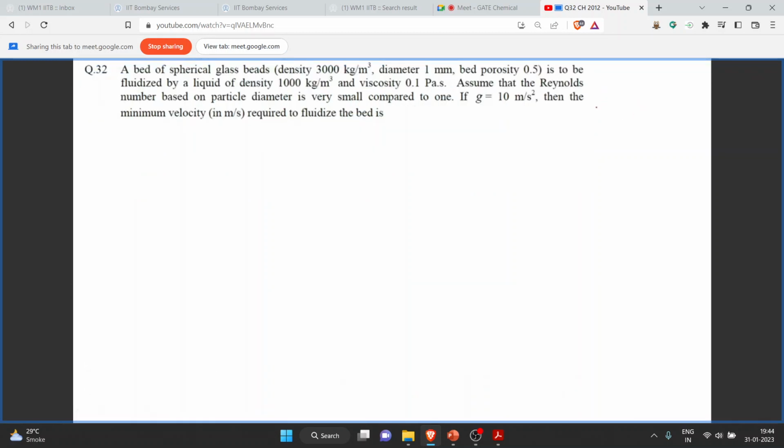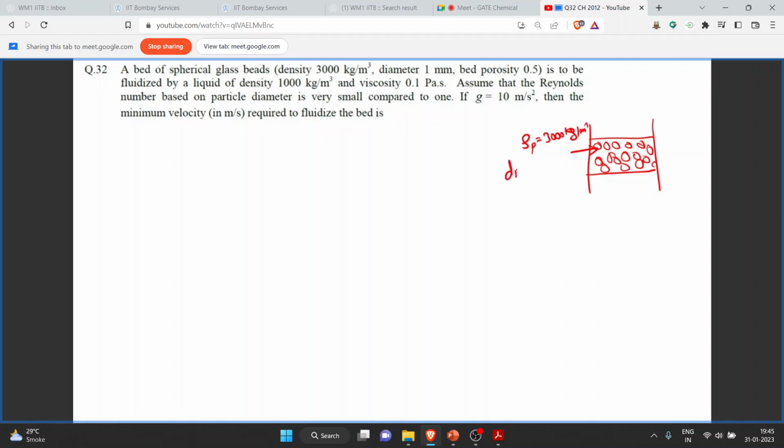So in this question, we have been given a bed of spherical glass beads, of density 3000 kg per meter cube.